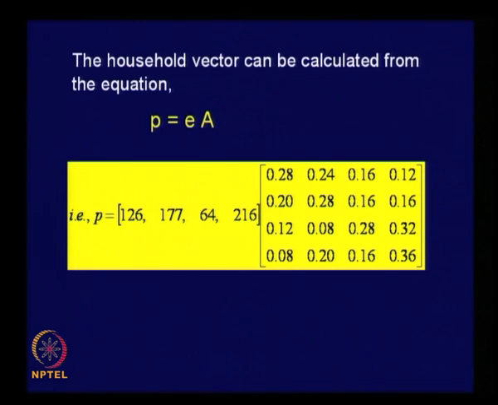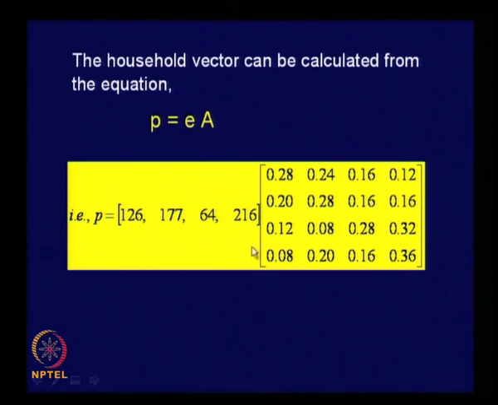Total employment vector is given and A we have calculated. So, we have to calculate the value of P. P in this case is taken as households, not population. P refers to number of households in each of the traffic zones, right.